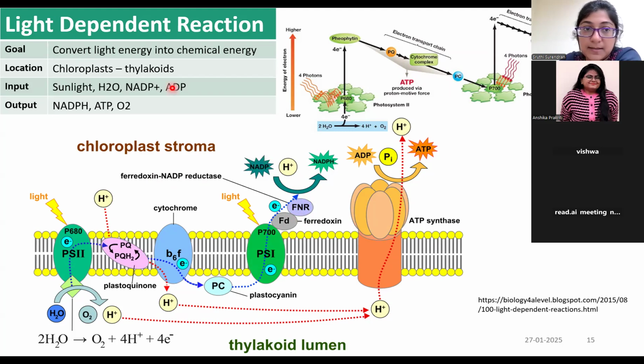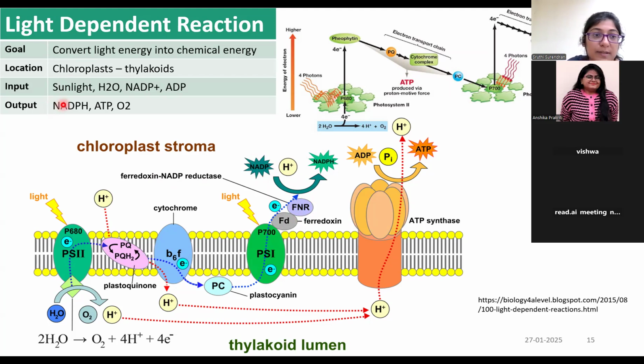NADP plus is the input. These electrons will provide energy for this H plus to reduce NADP plus into NADPH. So this is how we get this output of the light dependent reaction.